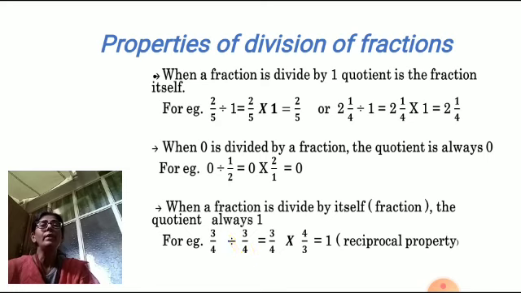So first we write the 3 upon 4 and then the reciprocal of 3 upon 4 is 4 upon 3. So 3 upon 4 multiply by 4 upon 3. Now 3 and 3 we will cancel and 4 and 4 also we will cancel. So what will remain? Only 1. So our answer will be 1. So this also you have to keep in mind.